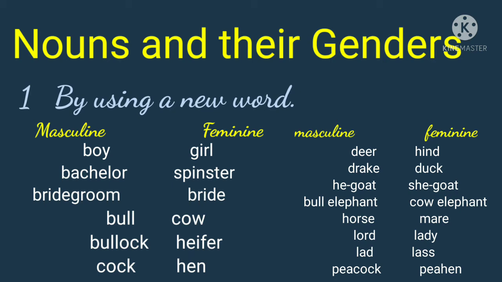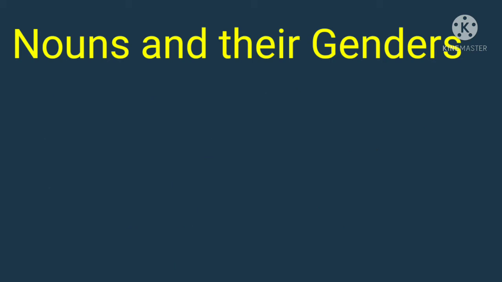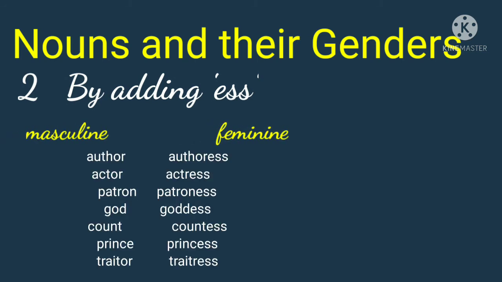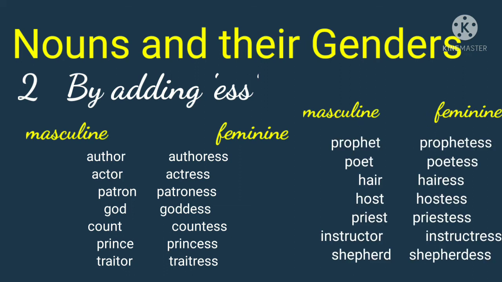Now again, sometimes we make the feminine gender by adding ess. For example, author, authoress; actor, actress; patron, patroness; god, goddess; count, countess; prince, princess; traitor, traitress; prophet, prophetess, and so on.